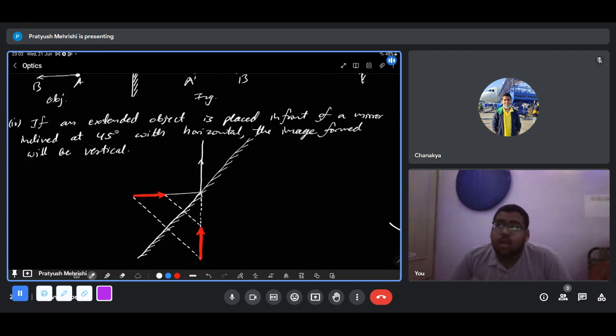Okay. Image distance. This is the image, and this is the object. Image distance is exactly equal to the object distance here. This mirror is inclined at an angle of 45 degrees. Okay. Draw this diagram.